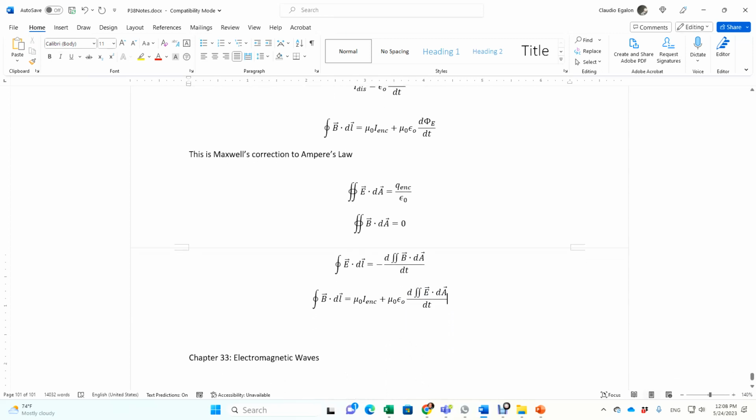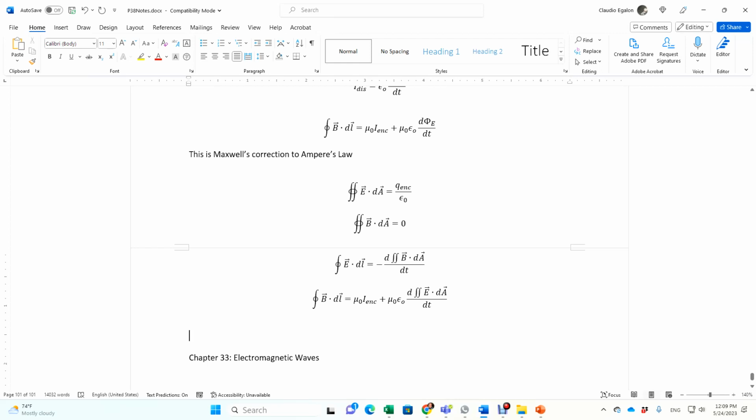And again, it's going to be an open surface. Notice what we get. We get line integrals of the respective fields related to the derivative of the magnetic flux here and the electric flux here. What is electric here becomes magnetic here on the right side. What's magnetic on the left side becomes electric on the right side.